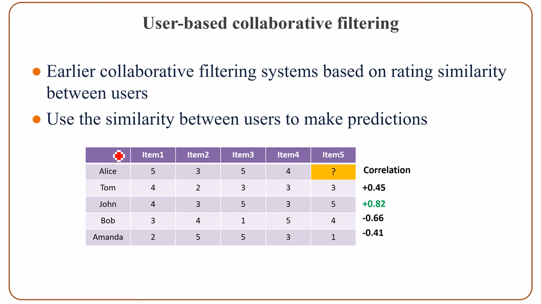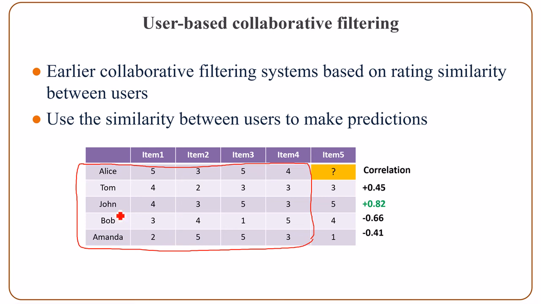Let's look at this rating dataset. What is the similarity between Alice and Tom, John, Bob, and Amanda? Using correlation as the similarity measure, we can get the correlation between Alice and Tom, Alice and John, Alice and Bob, and Alice and Amanda.